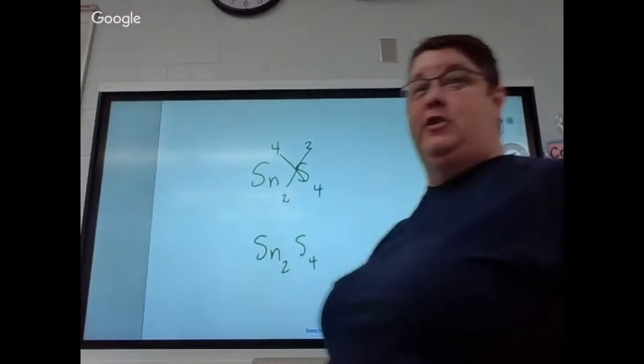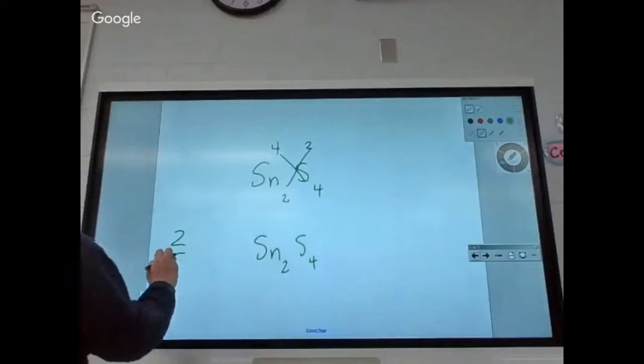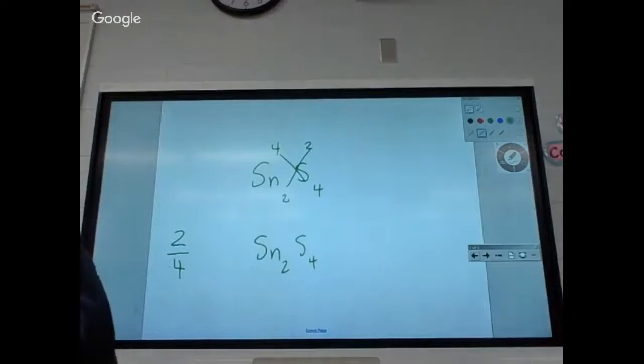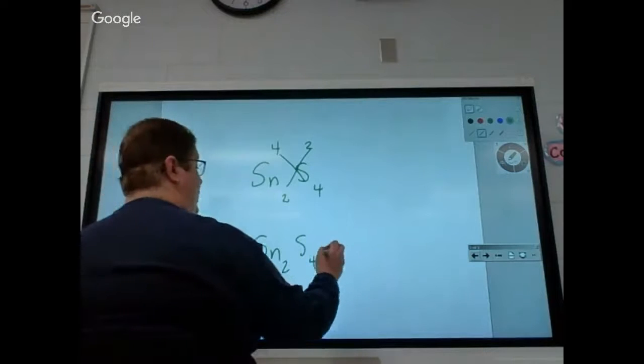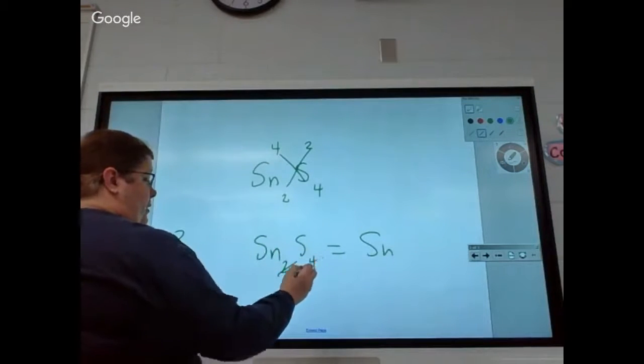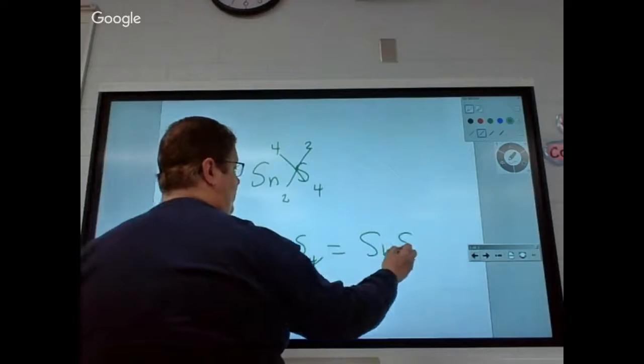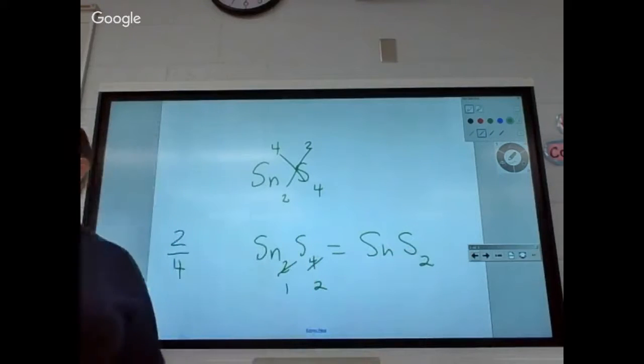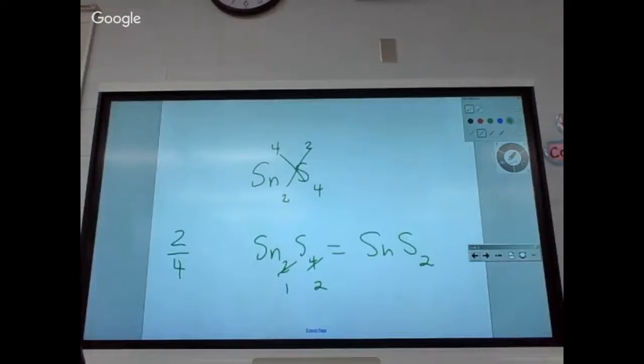If you have a 2 over a 4, Tiffany, in math class, what do you do to it? Simplify. That's why you got a -1. You just didn't simplify. This is the only thing that got partial credit in the formulas. So you needed to make that a 1 and make that a 2. So you should have lost 1 point. That's why. There were 3 of them that had to be reduced on the test.